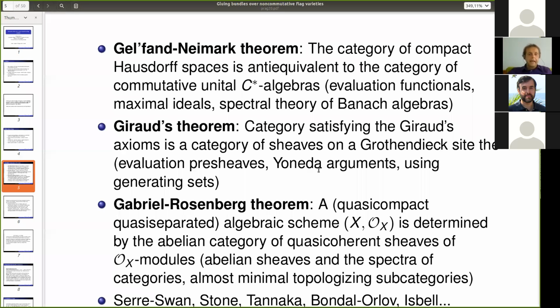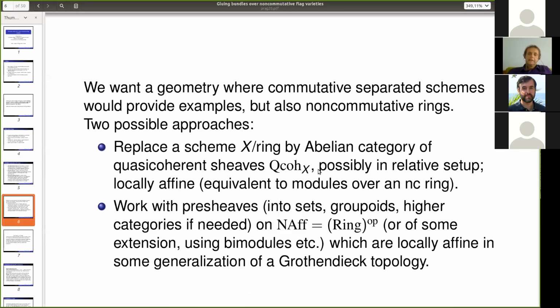And then the Gabriel-Rosenberg theorem says that if you have the abelian category of quasi-coherent sheaves on a scheme, then you can reconstruct back the scheme under some assumptions. And then there are various others, Stone duality, Tannaka duality, Bondal-Orlov theorem, Isbell duality, Serre-Swan theorem, and so on. These are examples. So they say that this is a valid point of view.